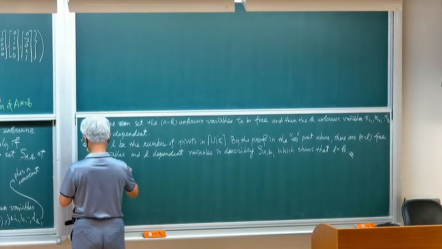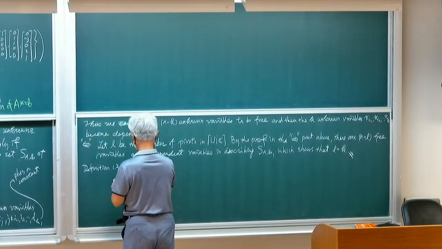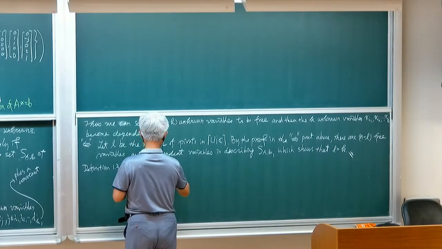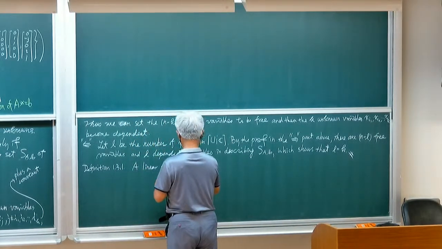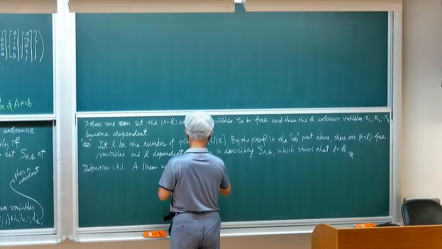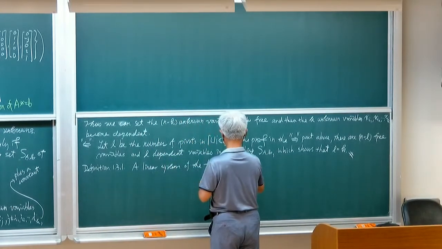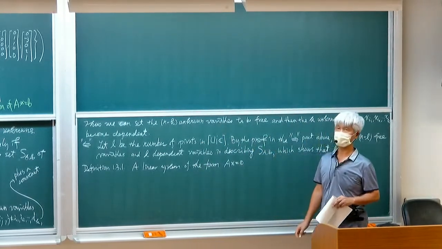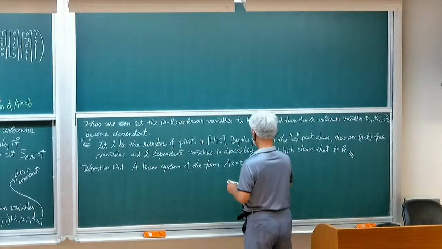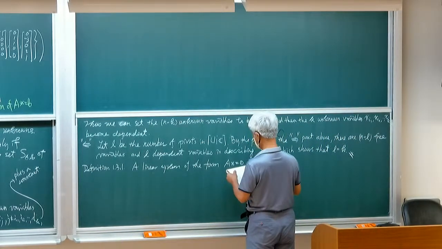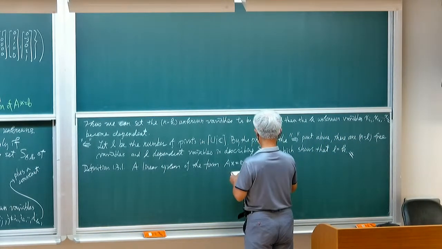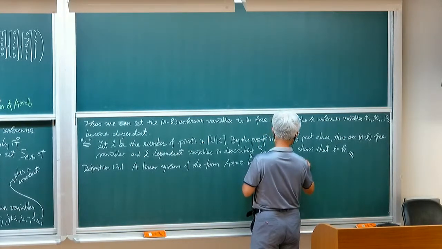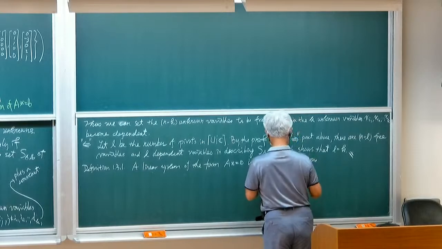Now we give a definition. A linear system of the form AX equal to 0, so the right-hand side vector is 0, is called a homogeneous linear system.